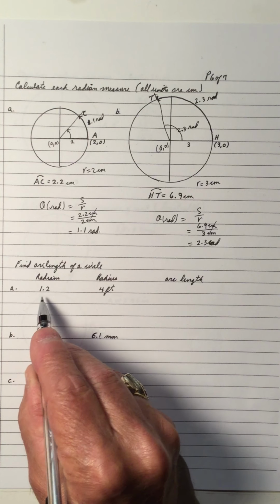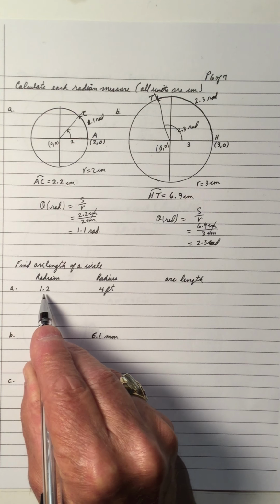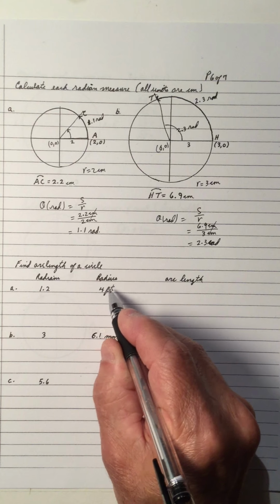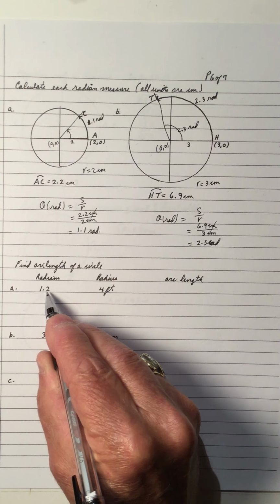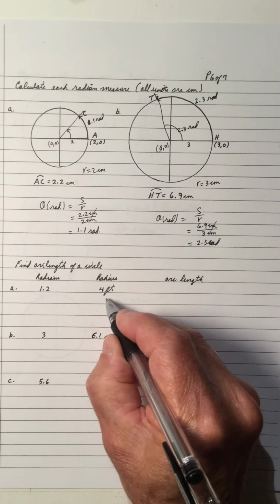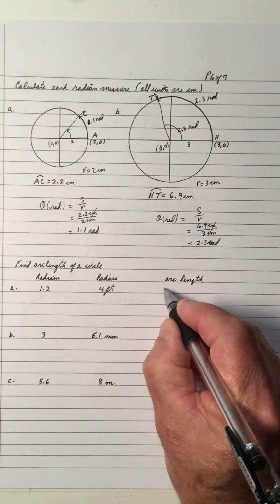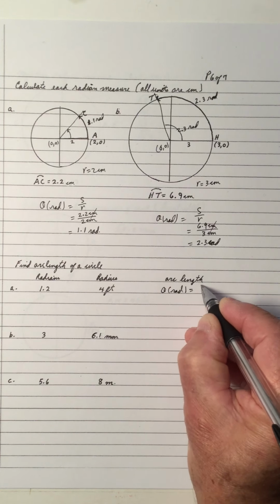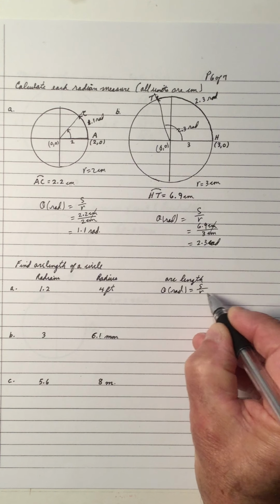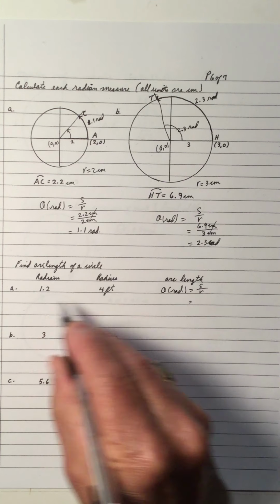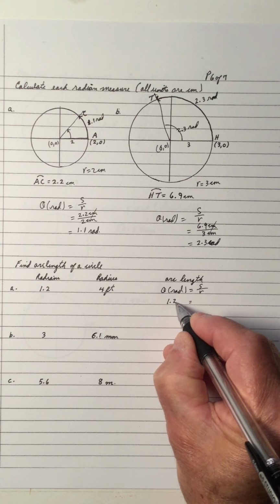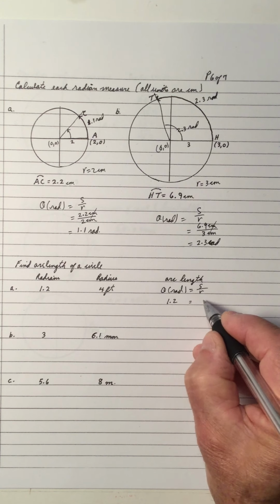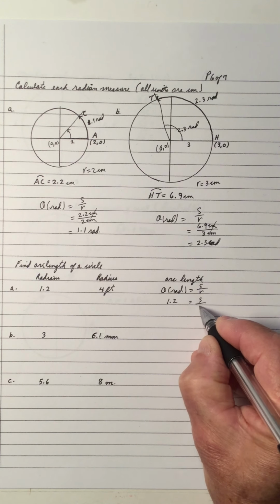If the radian measure is 1.2 and the radius is 4. Well, we have theta radians is the arc length divided by the radius. So the radian measure is 1.2 and the radius is 4.